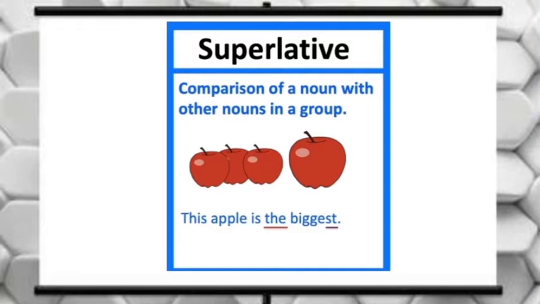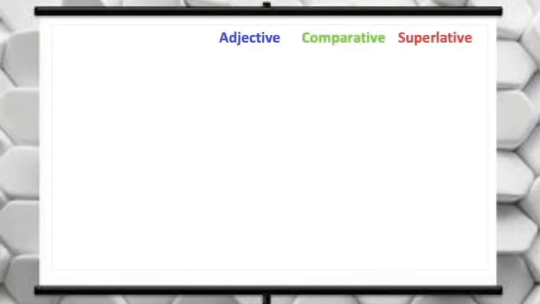There are several rules that we need to follow when forming the comparative or superlative adjectives. These depend on the letter in the word or the number of syllables. For one-syllable adjectives, the rule is to add er when forming the comparative adjective and est when forming the superlative adjective.